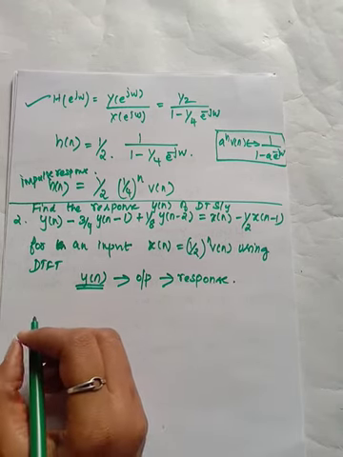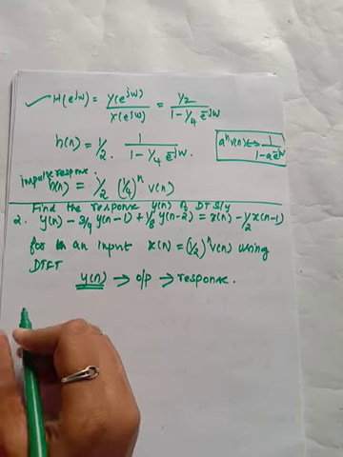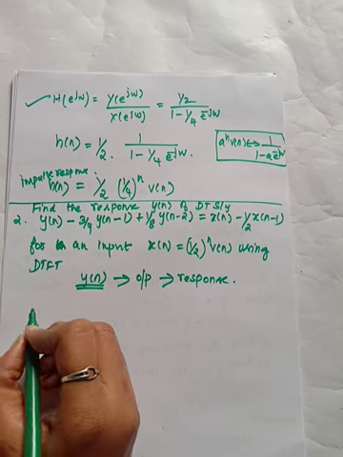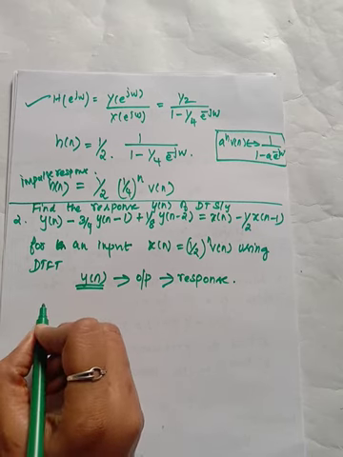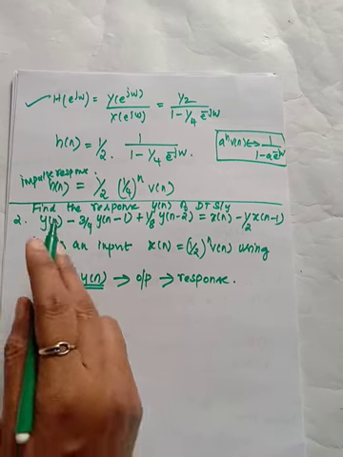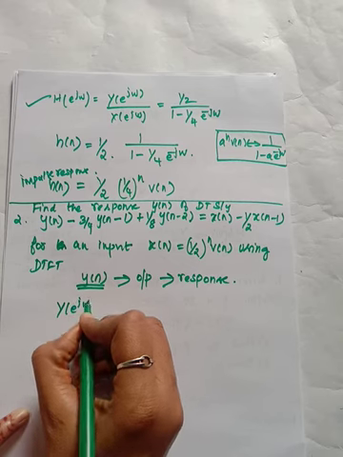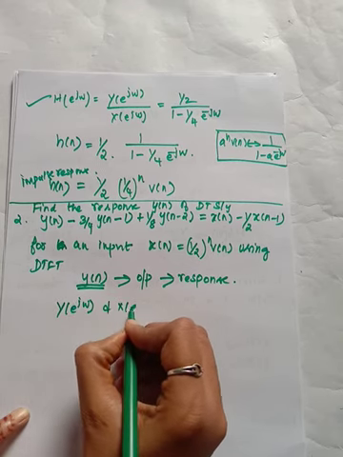Now, in order to find it, first you need to apply the DTFT. To find y of n, first you need to separate this in terms of y of e power j omega and x of e power j omega.